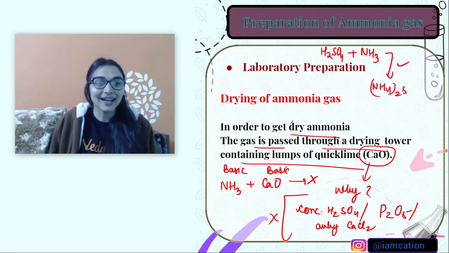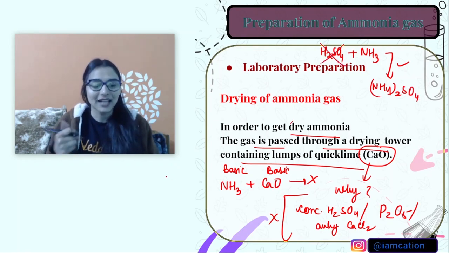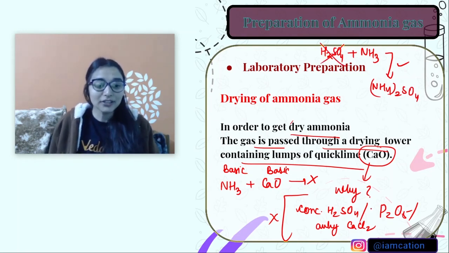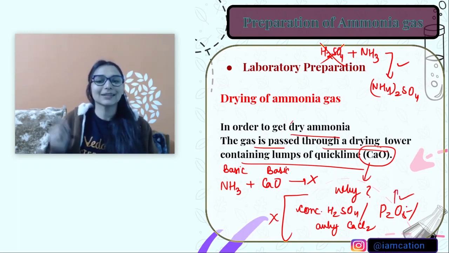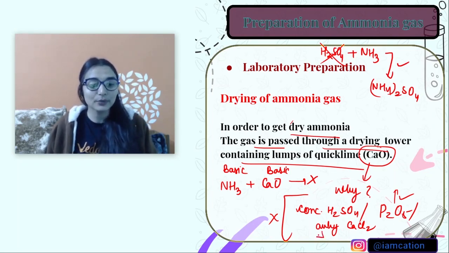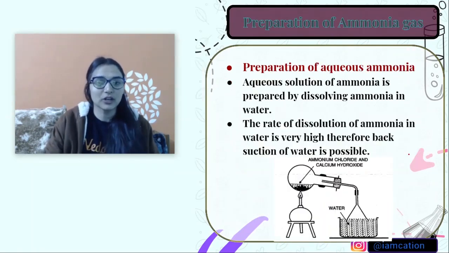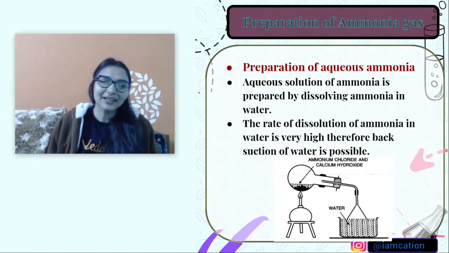So we have to avoid sulfuric acid as a drying agent. We cannot go with phosphorus pentoxide; here also it will react with ammonia. Anhydrous calcium chloride will react with ammonia, so you have to avoid that drying agent. So safely we go with calcium oxide. Are we clear on this?